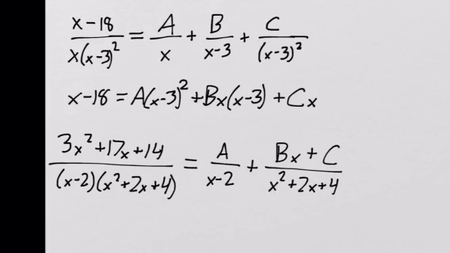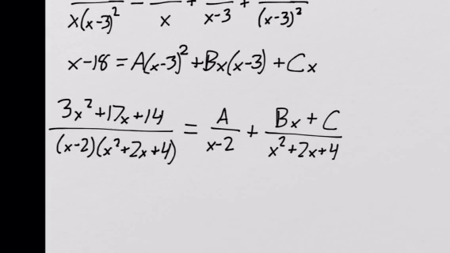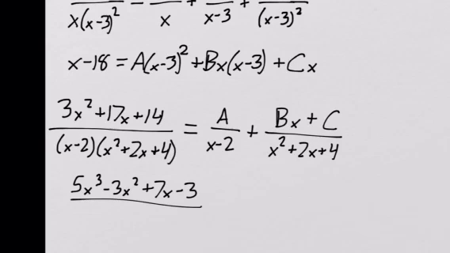And again, if we were to have a repeated factor, like the example the book gives, (5x cubed minus 3x squared plus 7x minus 3) over (x squared plus 1) squared.